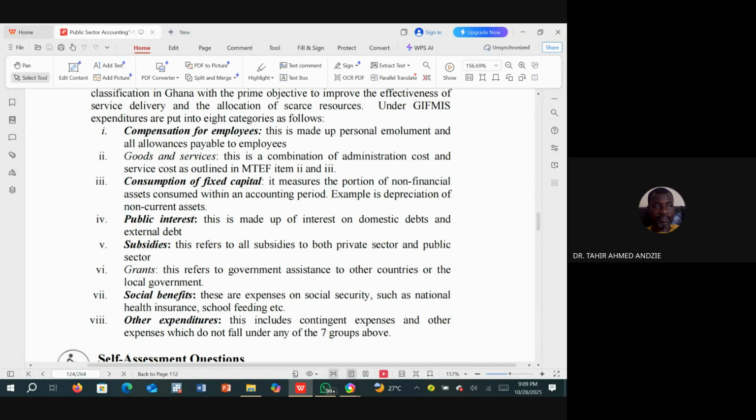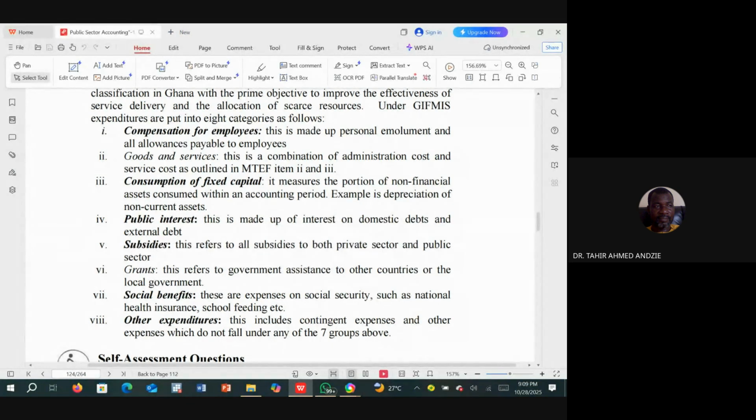They are non-current assets. Therefore, when we spend on those assets, it is put under consumption of fixed capital. It measures the portion of non-current assets consumed within an accounting period.